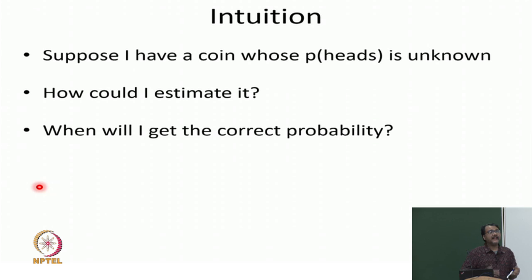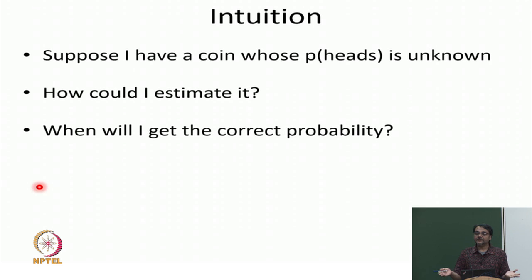So, to estimate any probability, right, we can sample, we can take help from samples, and we can use some kind of a fraction to compute that particular probability at hand. Okay. So, this is a very general concept, right. To estimate any kind of probability, we can use sampling. And of course, when will I get the correct probability?